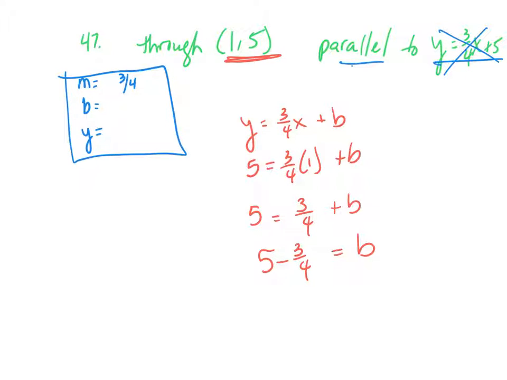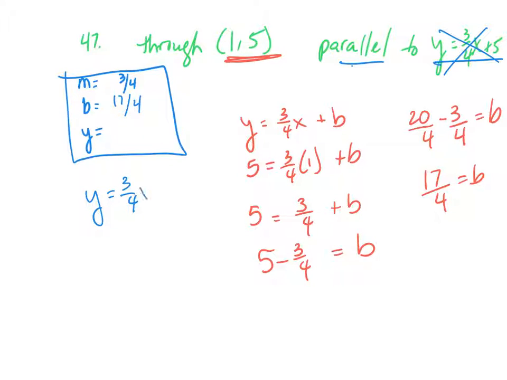So 5 is 20/4 minus 3/4 equals b. When you find a common denominator, you get 17/4 equals b. So my b is 17/4. Am I ready to write my equation? So now you have y equals 3/4 x plus 17/4, and that's your answer.